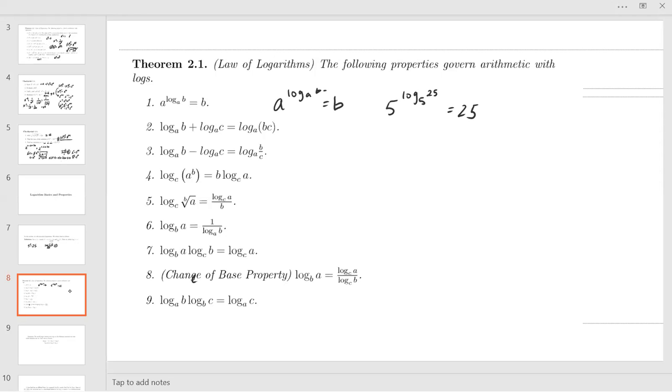Basically, you can just think of these two a's canceling, so you just get b. Our second property is that if we take the log of b with respect to a and add that to the log of c with respect to a, we should just get the log of bc with respect to a. So to see this, we start with this equation.